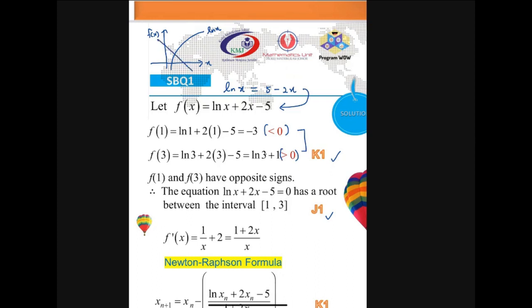Okay, something like this. Since the graph intersect at a point, that's why we have a root exists between 1 and 3, because that is the intersection, the x-intercept of ln x and 5 minus 2x. Okay, all right. So settle with the first part.